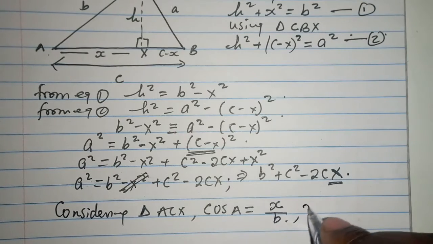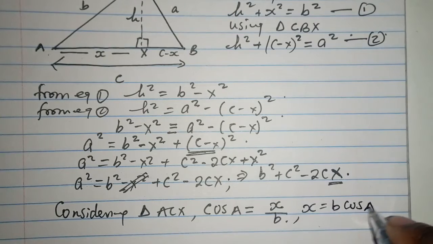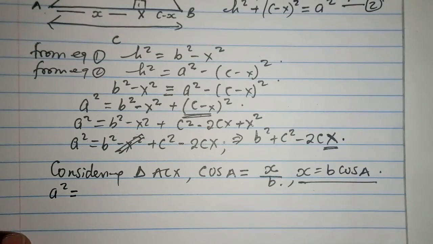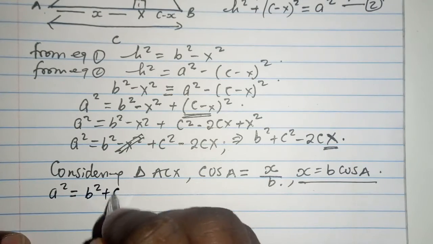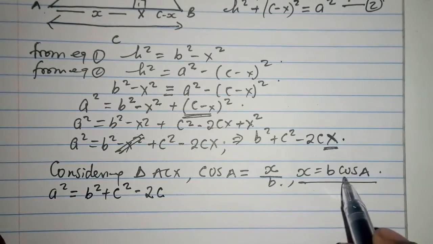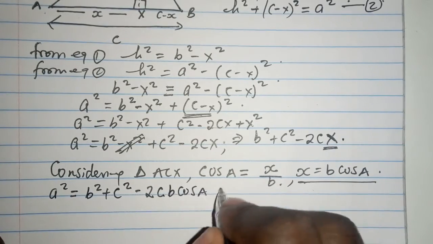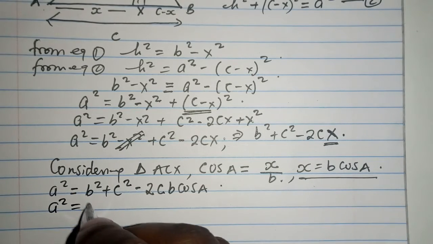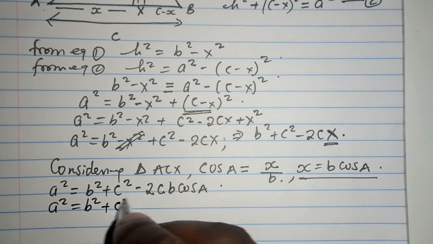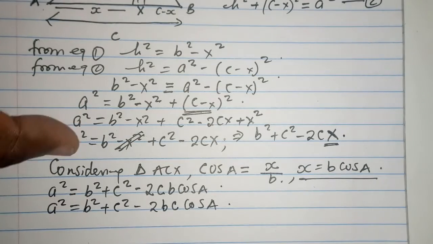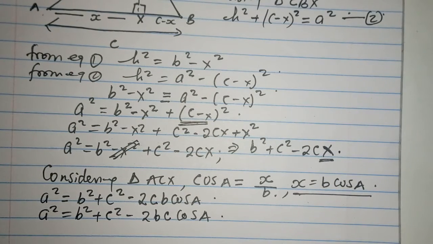From there you can see that x is b cosine A. If we substitute this, a squared equals b squared plus c squared minus 2c times b cosine A. Rearranging, a squared equals b squared plus c squared minus 2bc cosine A, and that is the cosine rule.